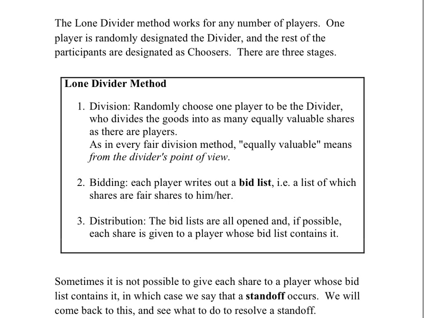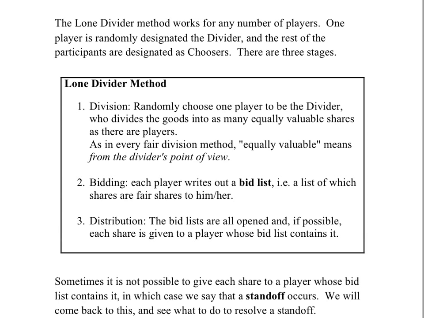Whichever player is randomly chosen to be the divider, that player goes and divides the goods into as many equally valuable shares as there are players. So if there are 3 players, that means there are going to be 3 equally valuable shares from the divider's point of view. If there are 7 players, then the divider divides into 7 equally valuable shares. 10 players, 10 equally valuable shares.